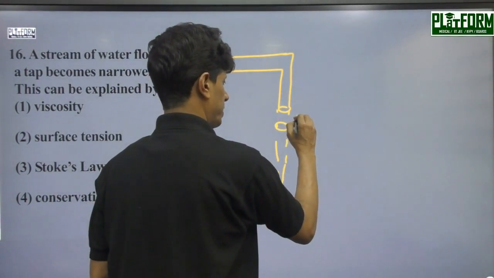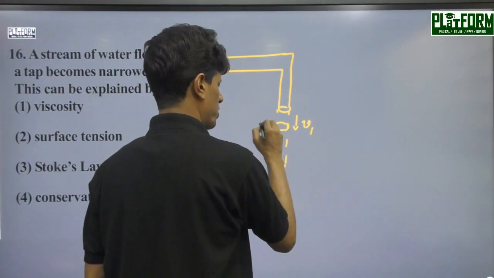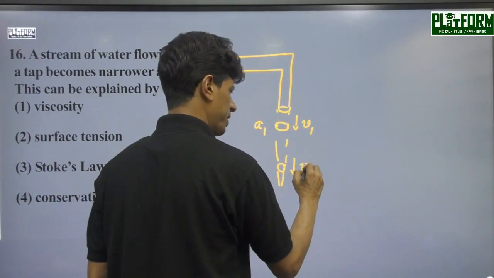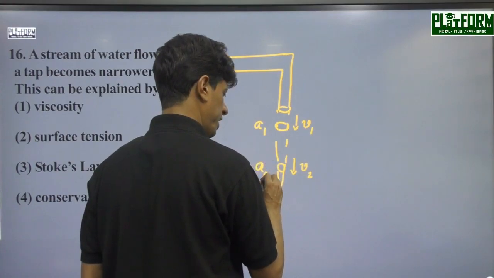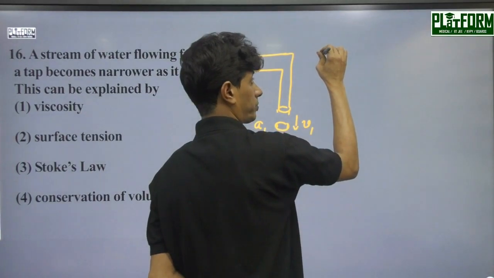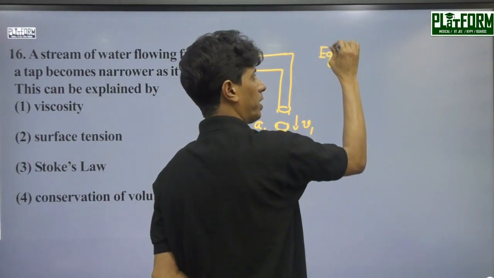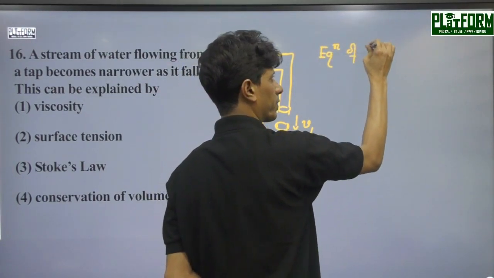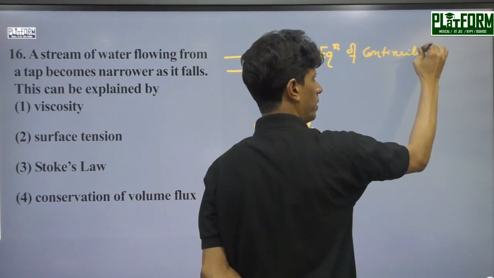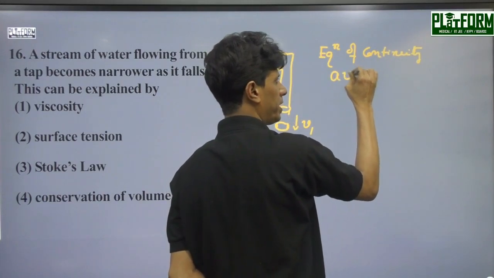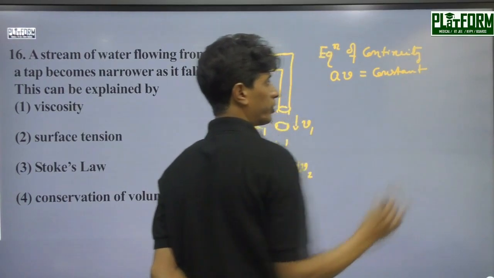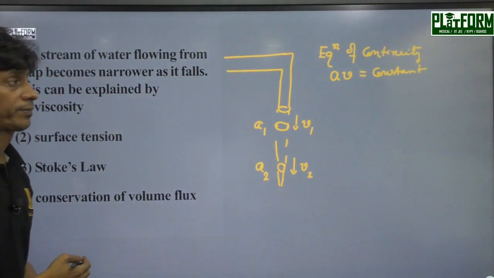If we take one point where the velocity is v1 and the cross section is a1, and another point where the velocity is v2 and the cross section is a2, then from the equation of continuity, we know AV equals constant, that is the volume of liquid flowing out per second.